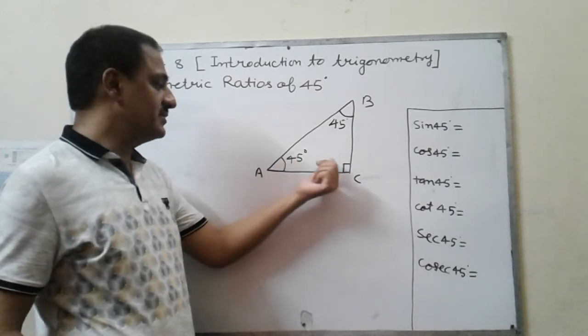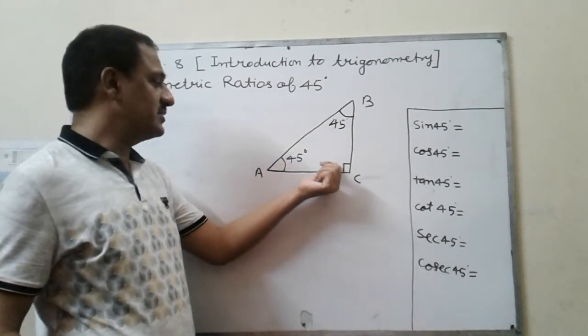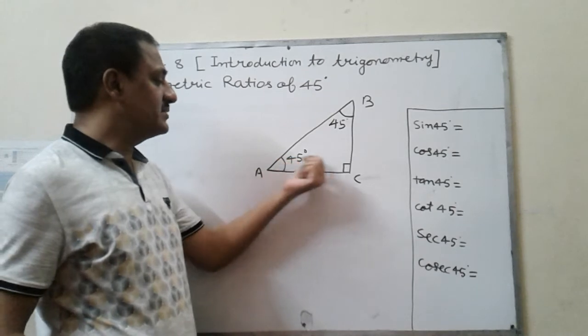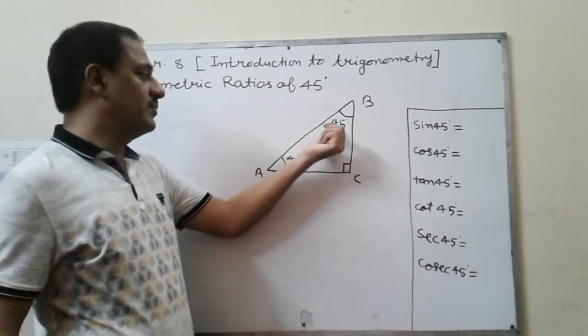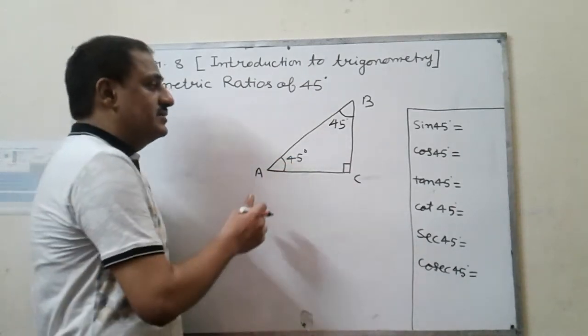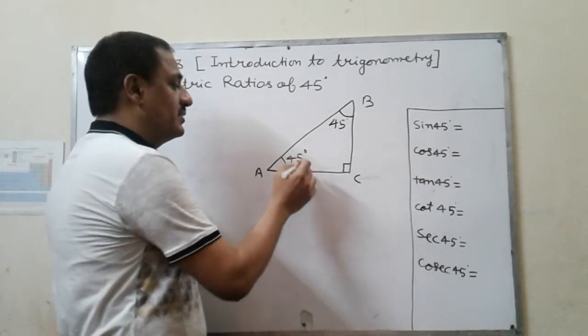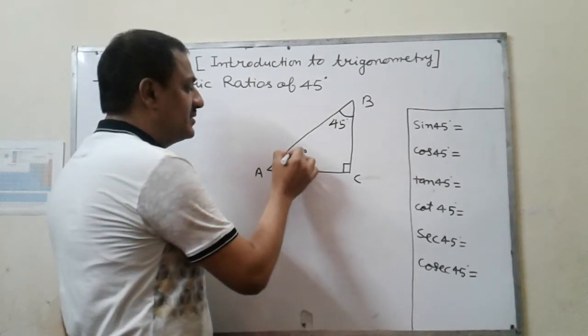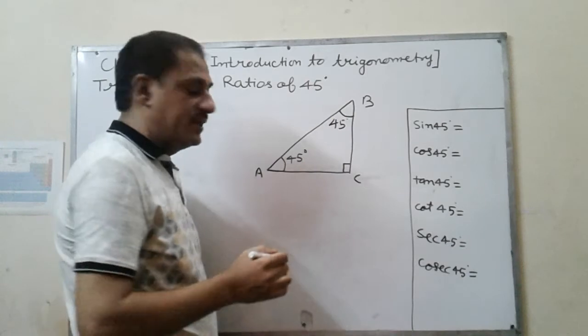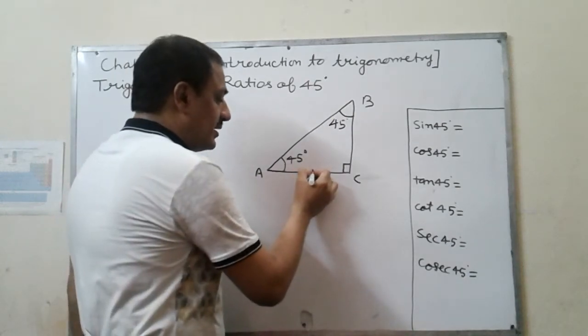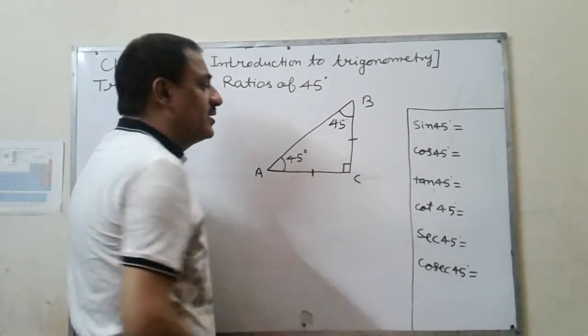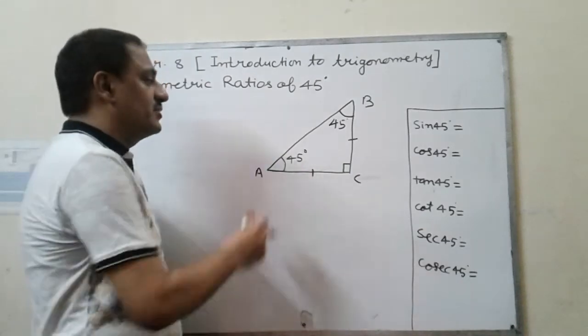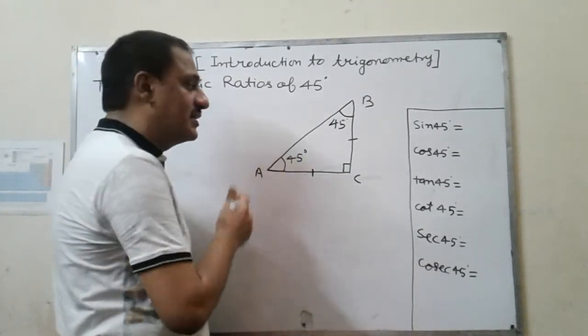If this is 45 degree, this is 90 degree, 180 minus the sum of this and this will become the value of this angle. Here you can see that the value of this angle and this angle are equal. It means the length of this side and this side will also be equal because it is an isosceles triangle.